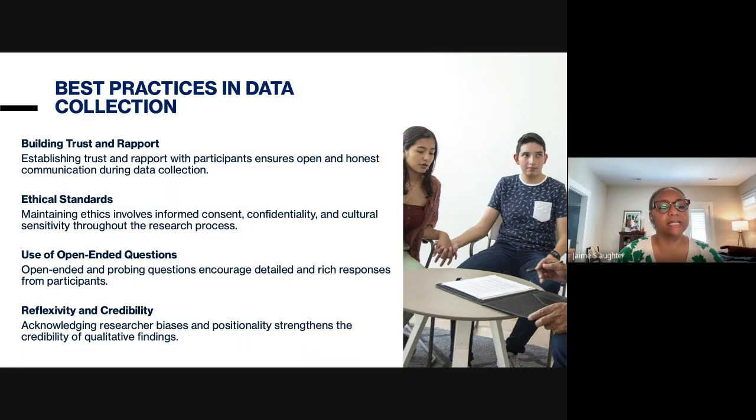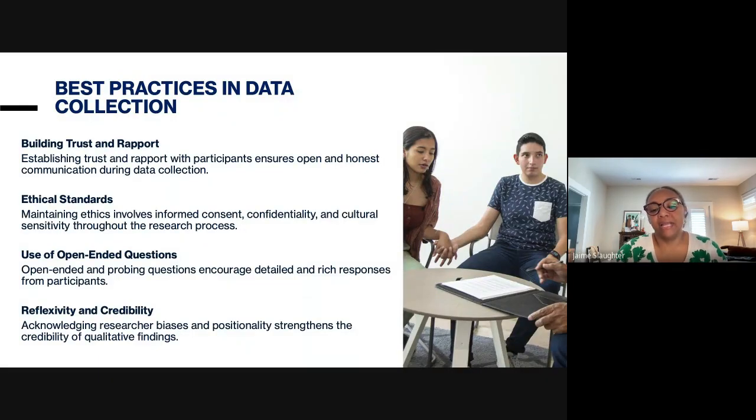And then reflexivity and credibility. It's really important to acknowledge researcher biases and positionality, because that will strengthen the credibility of your qualitative findings. So for example, in my work on skin tone bias and colorism and maternal health outcomes, in my qualitative work, it's really important for me to acknowledge my privilege, right?